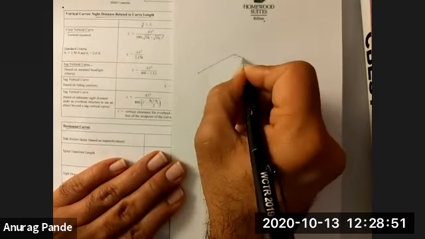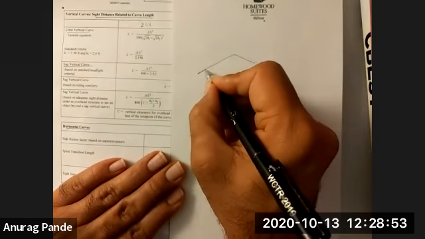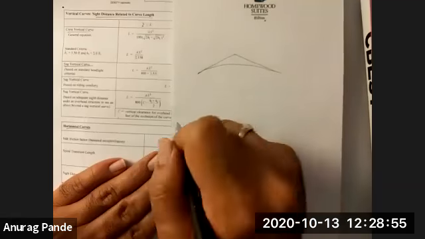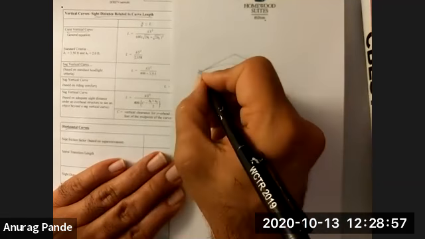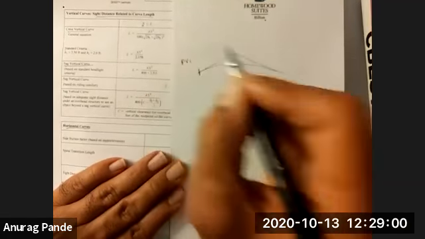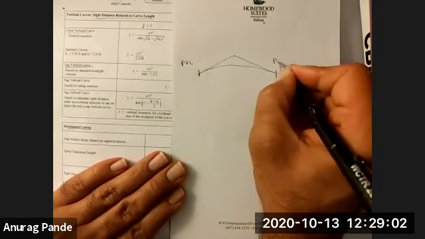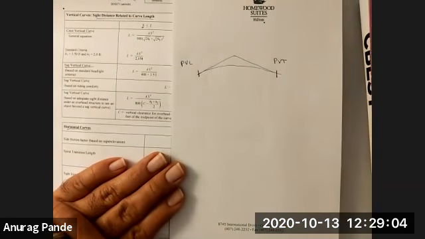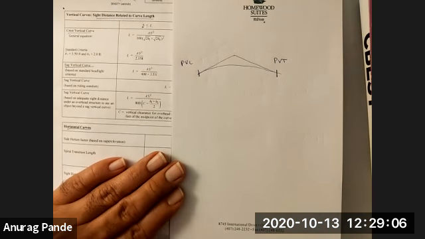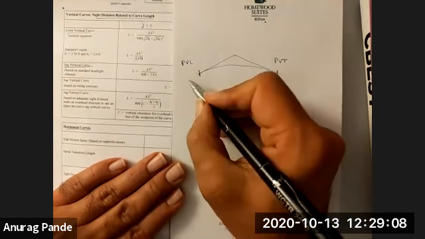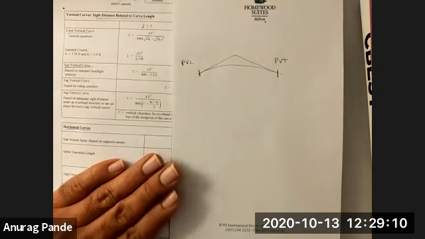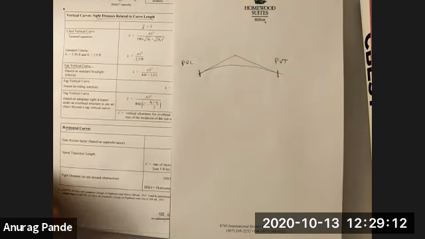This is your initial tangent, this is your final tangent, this is your PVC, and this is your PVT. As you're navigating the curve as a driver, there could be two relevant side distance situations.